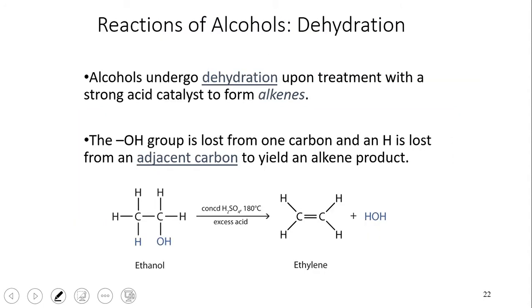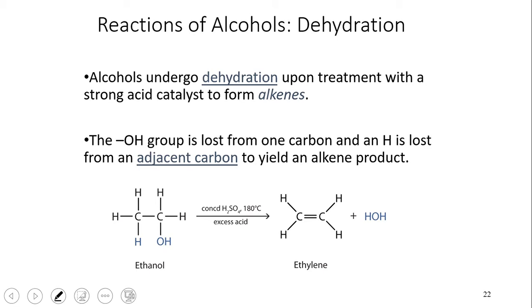Let's look at some reactions of alcohols. If you remember, we had a reaction of addition where we could add water to an alkene and turn it into an alcohol. The reverse of this would be dehydration. Dehydration typically happens when you have a strong acid catalyst.